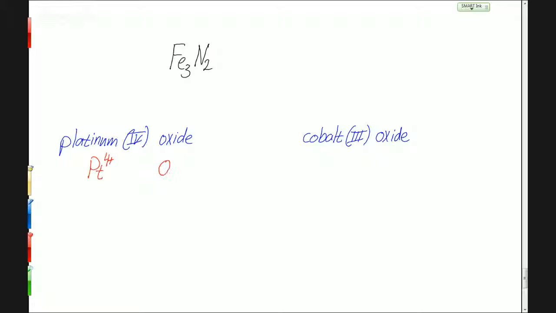So we've got Pt 4 plus and O 2 minus. Now we have to make a compound out of those two that's overall neutral. So how do we do that? Yeah, we need another oxygen. So we need 2 oxygens for every platinum. And the formula that has 1 platinum and 2 oxygens is PtO2. So platinum(IV) oxide would look like PtO2.